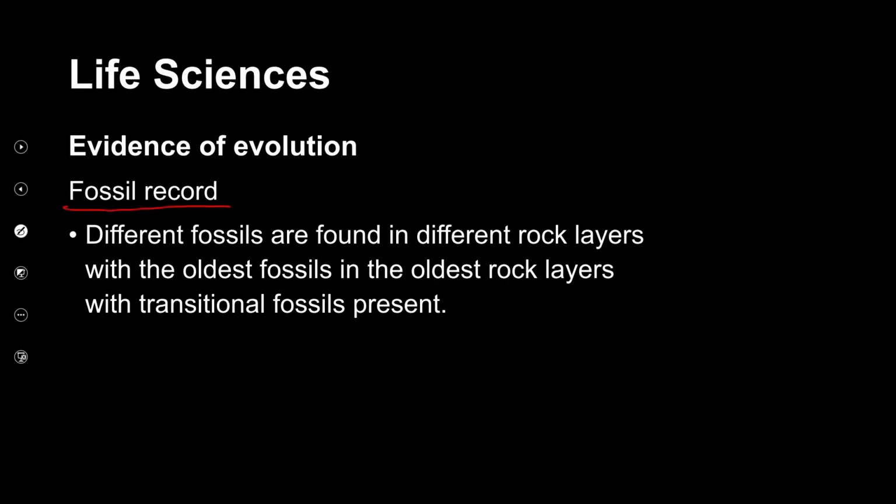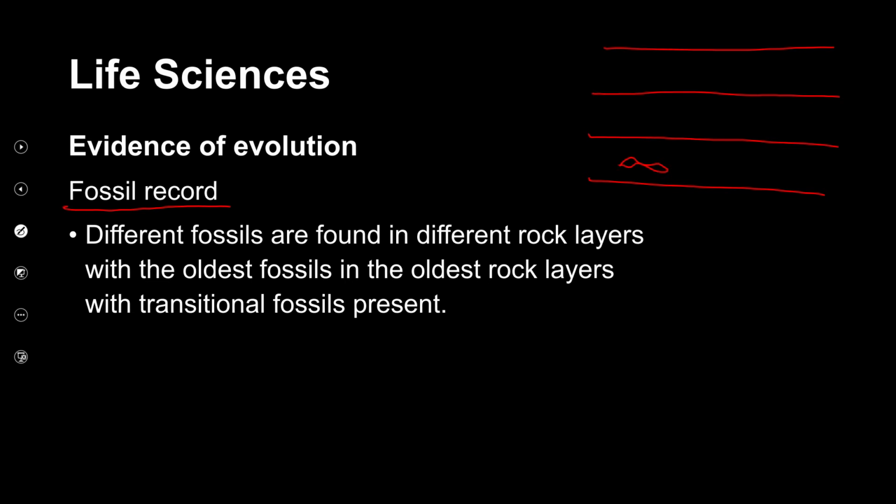layers of rock. If you remember, we have stratified rock, so it means that there are various layers. We might find a fossil here, some kind of fossil organism, and then we'd find something else here, and something else here. So we find various fossils in the various layers.